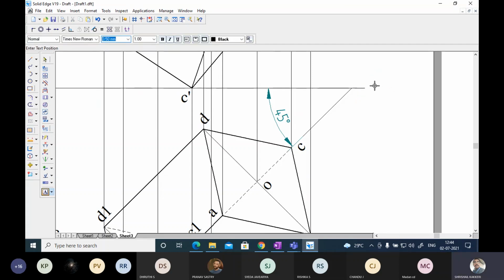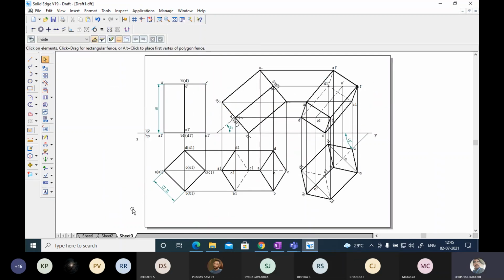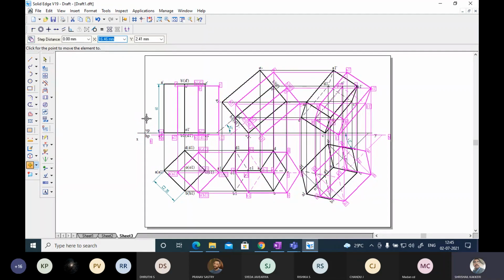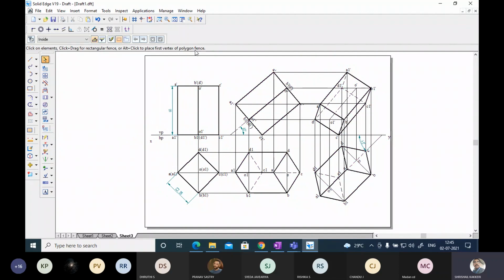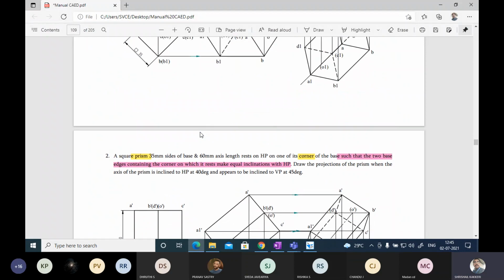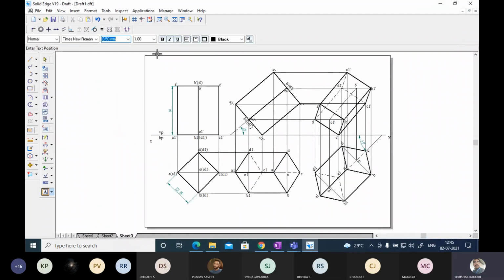On the other side you have to write x. It should not cross the line. Whole figure you move it; it should be within this only. Okay, it is within this only. And this is problem number 2, page number 109.